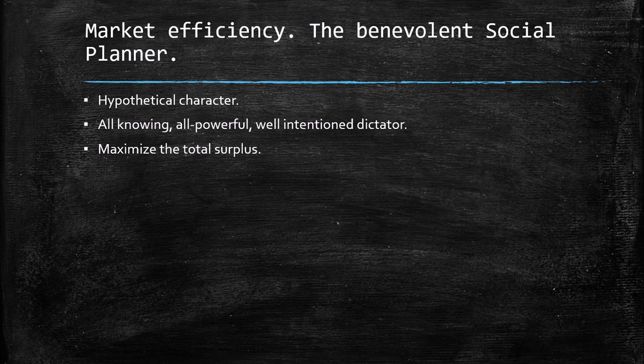So now we are going to talk a little bit about market efficiency, and about one figure that is so important for economics. This is called the benevolent social planner. This is a hypothetical character which has some very powerful features. These characteristics are: all-knowing, which means he knows all information; all-powerful, he can manage and allocate the resources; and a well-intentioned dictator.